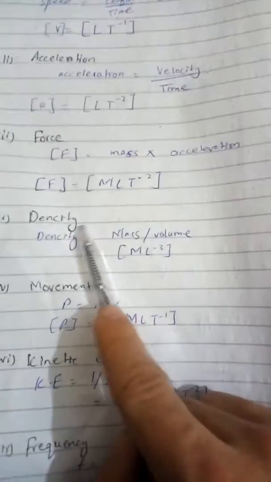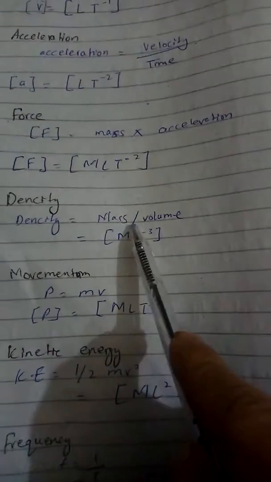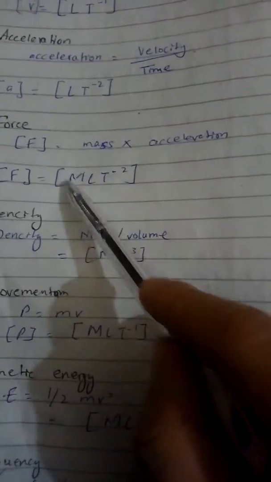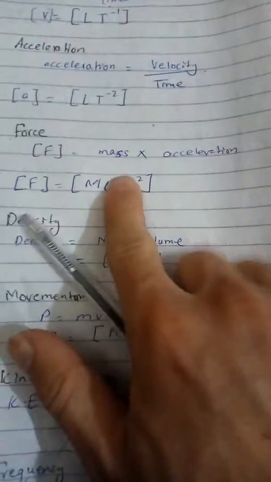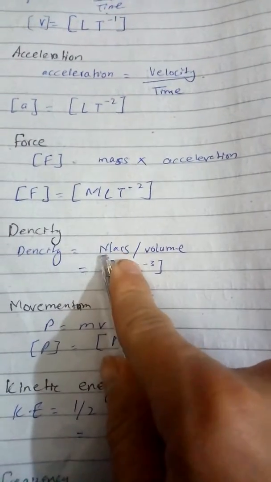And these are some important dimensions I have listed here. Let's discuss each one by one. First, what is density? We know that density is mass over volume. Mass is M, because it's the capital first letter.